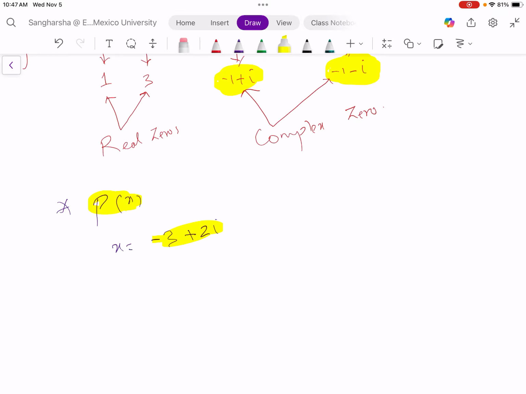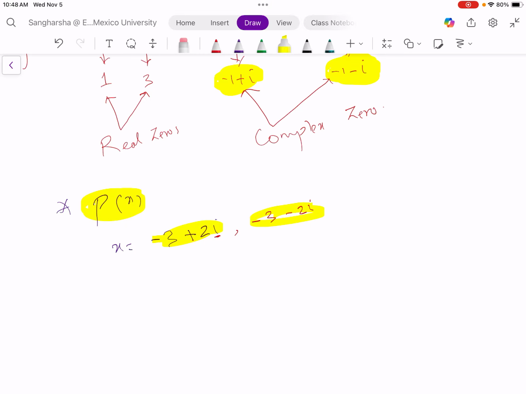Now the next complex zero will be its conjugate. So what is the conjugate of negative 3 plus 2i? It is negative 3 minus 2i. You change the sign of the i term. And this conjugate is also a complex zero for the same polynomial function. So if you are given one complex zero for any polynomial function, then you have to know that its conjugate is also a zero.